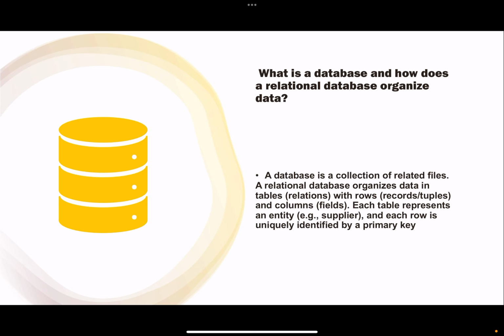A relational database organizes data in tables, or relations, with rows, records, or tuples, and columns, or fields. Each table represents an entity like suppliers, and each row is uniquely identified by a primary key.